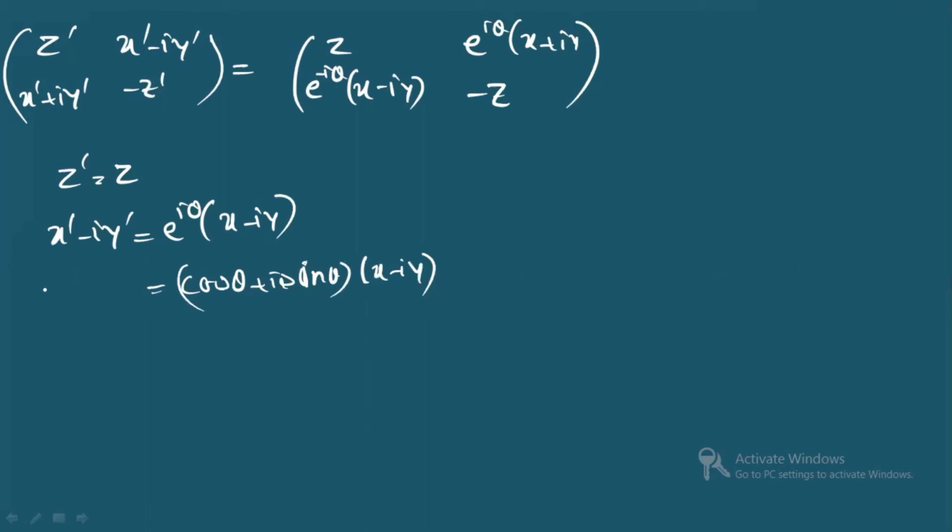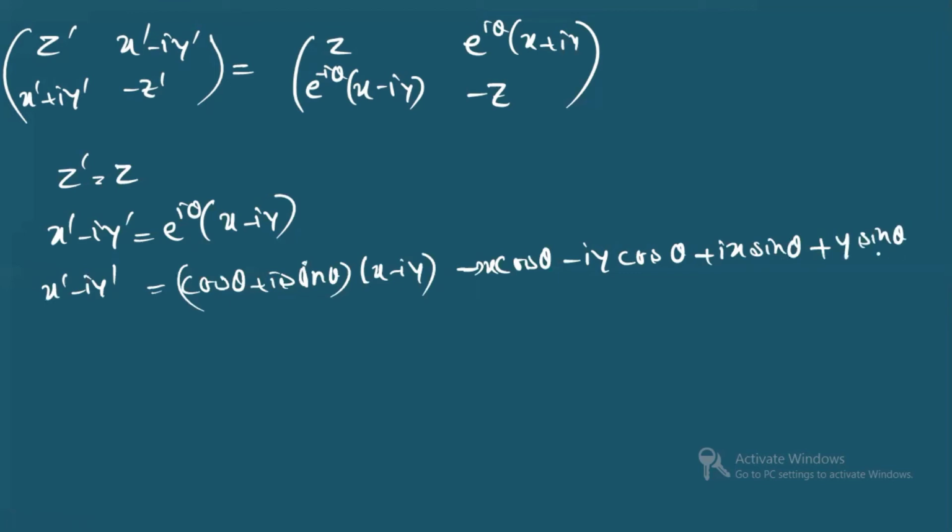Okay, this is x prime minus iy prime. So here if you do the multiplication, you will get what? cos theta x, again you will get minus iy cos theta, again plus ix sine theta, again plus y sine theta.